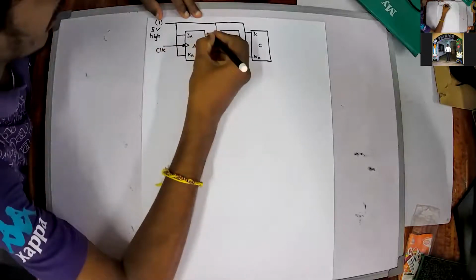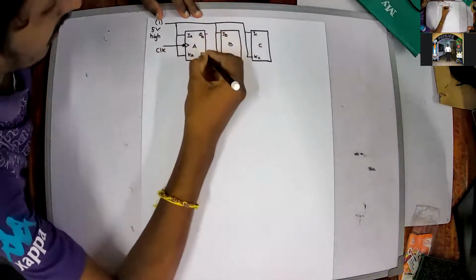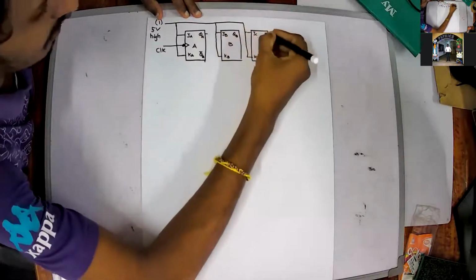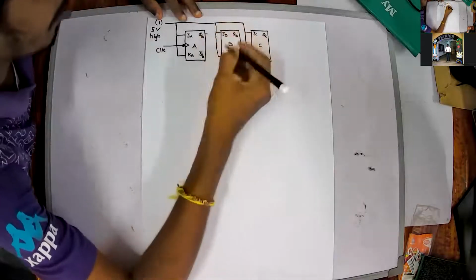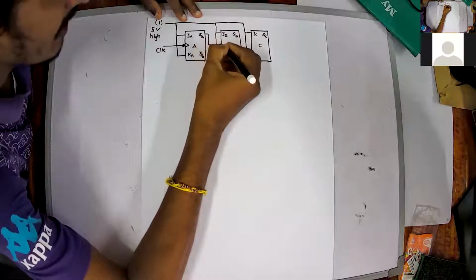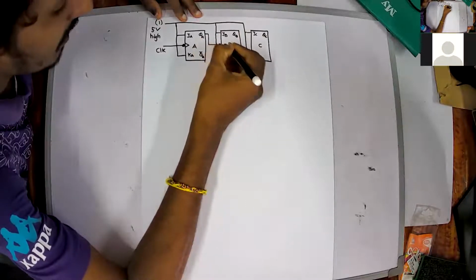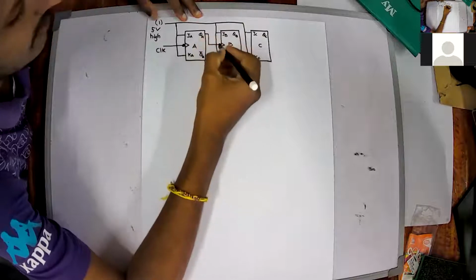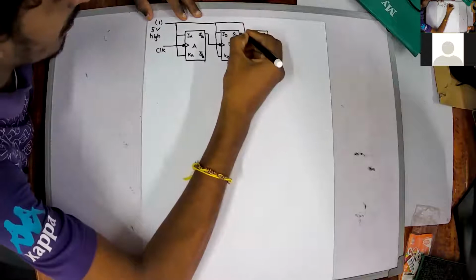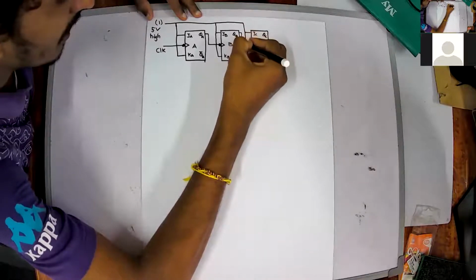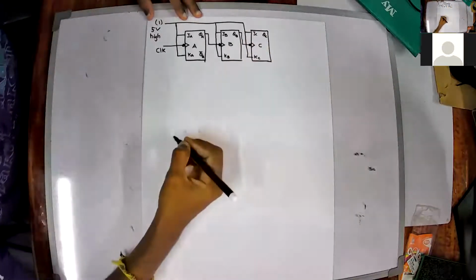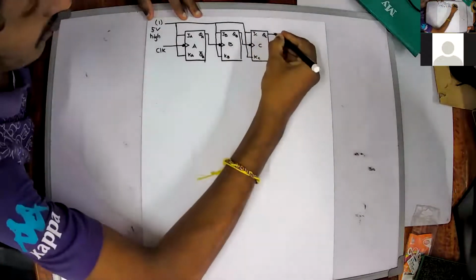So this is my QA, QA bar, right? This will be QB, this will be my QC. What I am doing is giving QA as the clock to flip-flop B, and then I am going to connect QB to the clock of flip-flop C. Now we have QC.